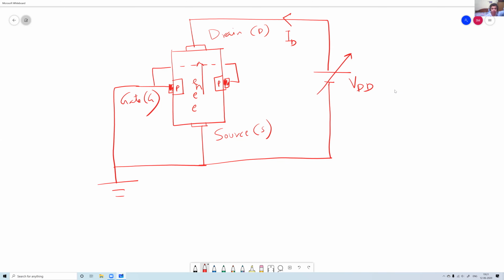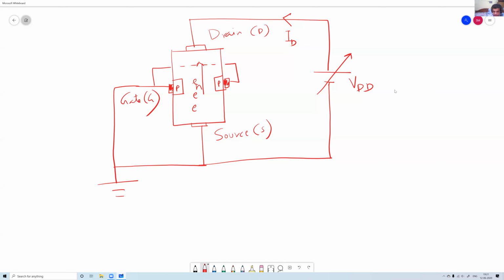Okay, right. Now you see this gate is connected to ground. However, this drain is connected to a positive potential. So here there is a PN junction, here there is also a PN junction. And as I move from the source to the drain, the voltage increases. Why? Because this path has a finite resistance.